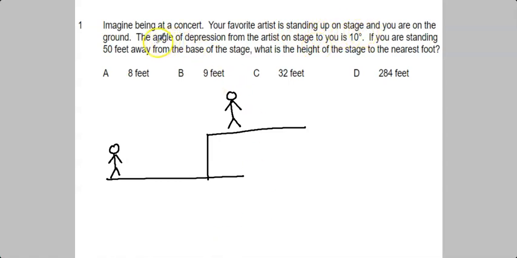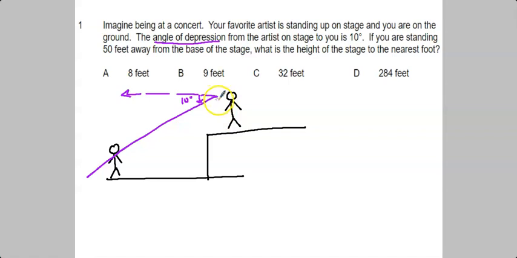So, angle of depression. Remember that an angle of depression starts with a horizontal line. So if you can imagine, the artist was looking straight ahead. But then they're going to tilt their head down 10 degrees to look at you.